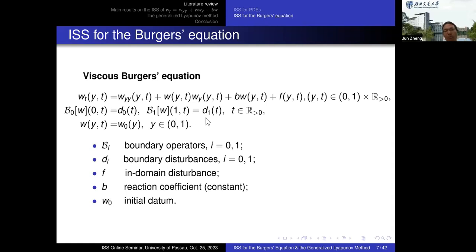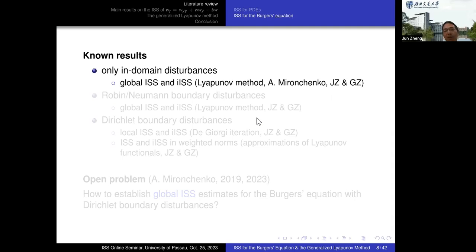So what do we know? In fact, for the Burgers equation with only in-domain disturbances, we can apply the Lyapunov method to establish global ISS and global integral ISS for this equation. When we consider the Robin or Neumann boundary disturbances, we can also apply the Lyapunov method to establish global ISS and global integral ISS for the system.